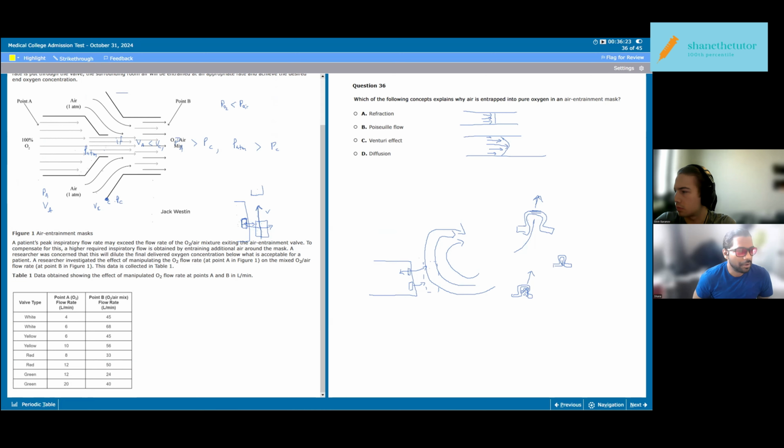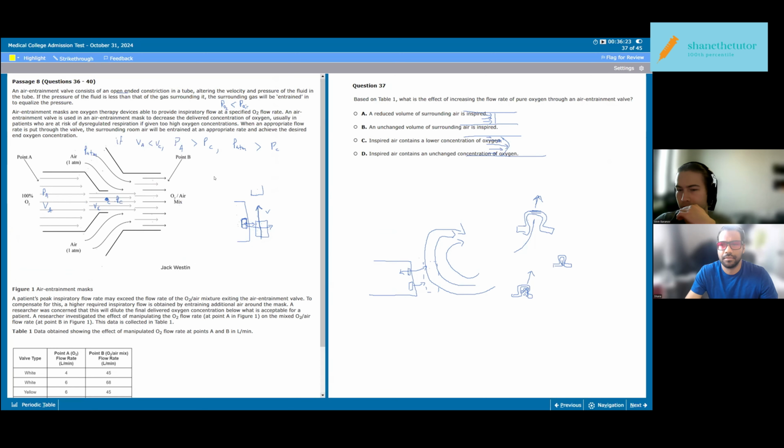So it doesn't even really matter if it's ideal or not here, because the phenomenon they're asking about is why does the air get sucked in? Okay.